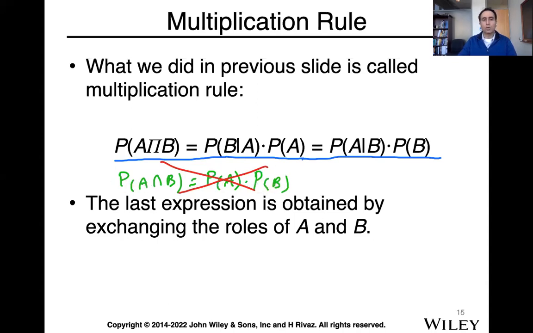This equation is correct only if A and B are independent, which is usually uncommon because A and B usually are not independent. So we will talk about this equation later on, but it's extremely common for people to use this equation when they shouldn't. Okay, so basically don't use this equation because it's only correct in limited number of cases. Always use this equation because this equation is always correct.